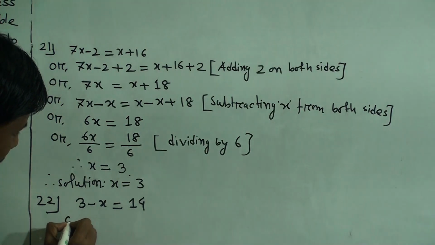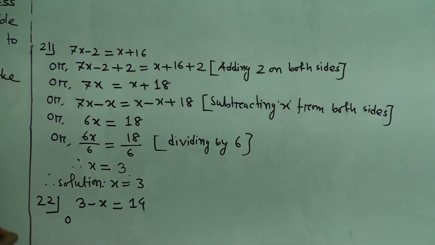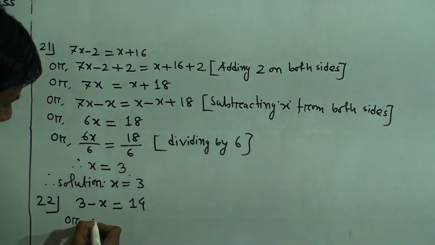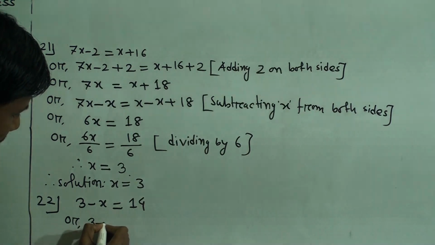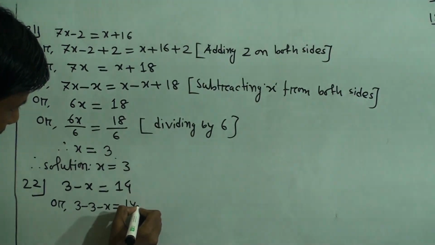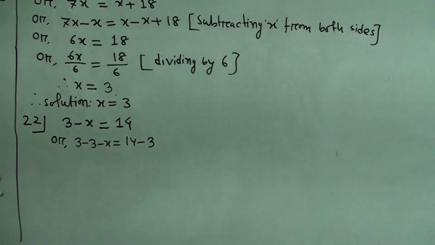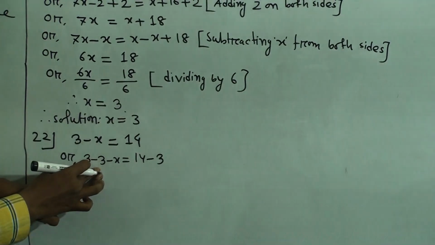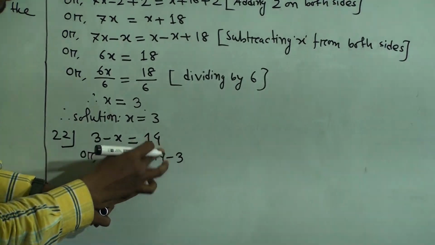So 3 minus 3 minus x equal to what? 14 minus 3. Student look, this is 3, the opposite of 3 is minus 3, so minus 3 on both sides: 14 minus 3.